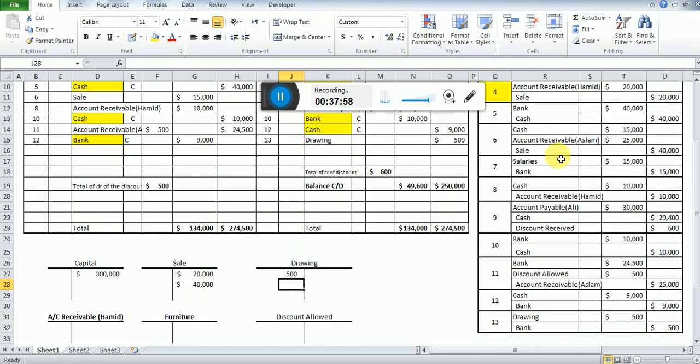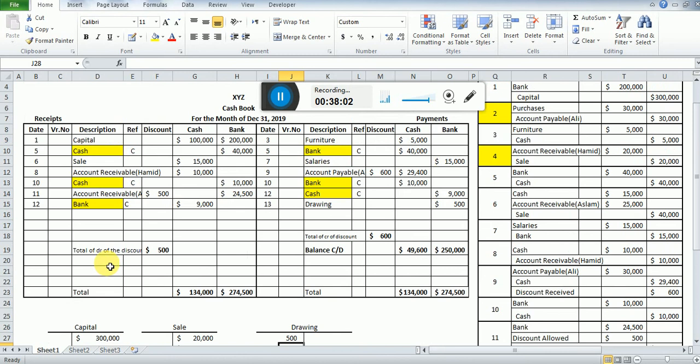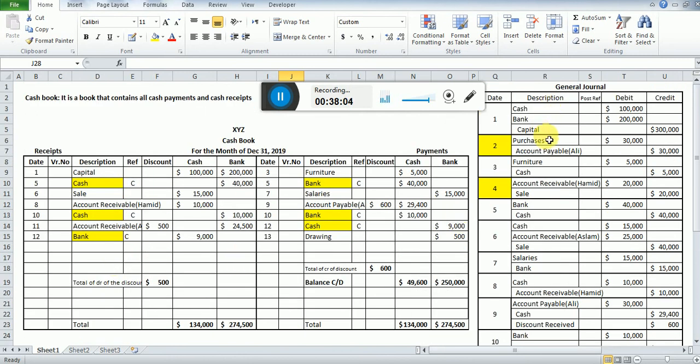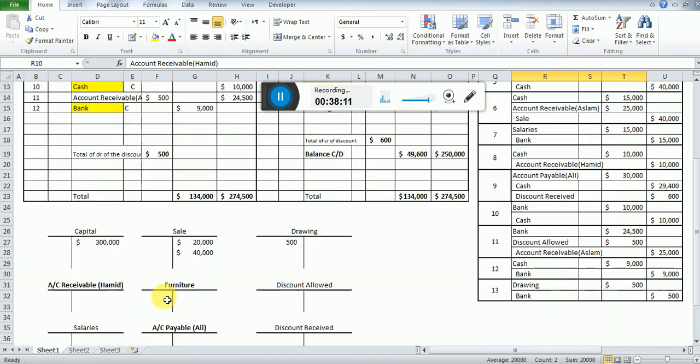Do we have any other drawing account? No, that's it. Next we have account receivable by the name of Hamid. Come and check. Here is only one account by the name of Hamid, debited $20,000. So you have to put it here in the debit. Let me make it a little bit bigger.